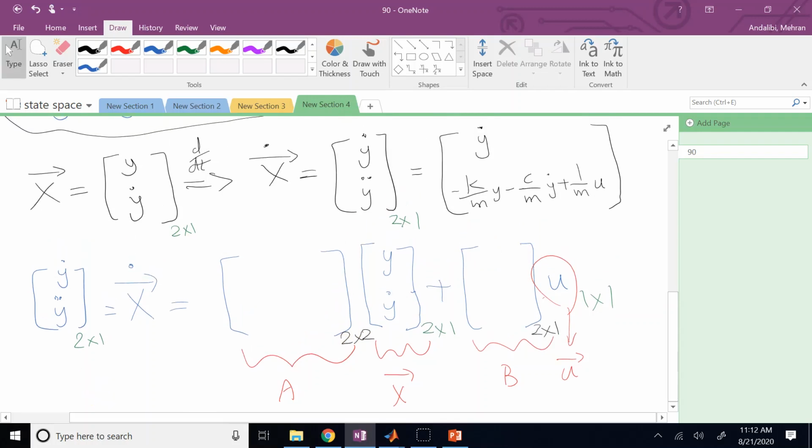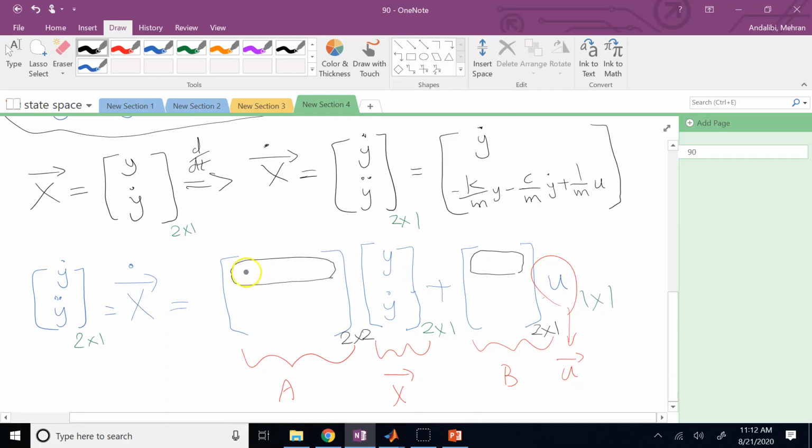So what is the first row? The first row here should be such that when I multiply that first row by the x and then add that to the first element of B multiplied by u, that whole thing will be y dot. Right? So if you look, y dot has how many y's in it?